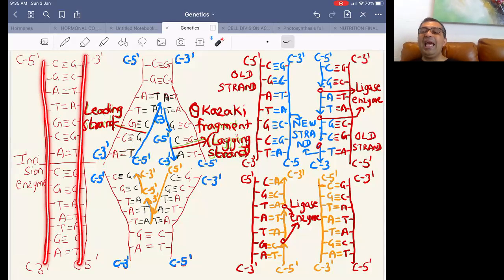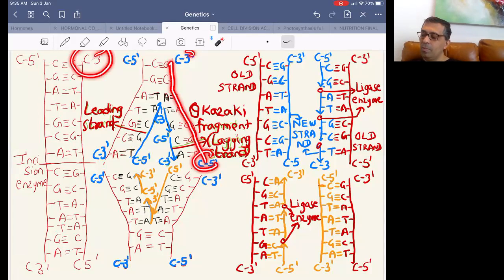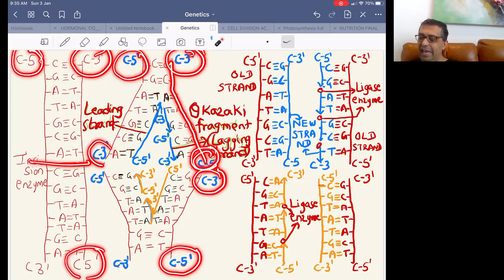is the DNA. And with the help of incision enzyme, we have broken here. So check this here. After breaking, we will have two DNAs. एक है C, यहाँ था C3 end. If this is C3 end, after breaking, this will become new C5. And this was C5, so after breaking, this will become C3.